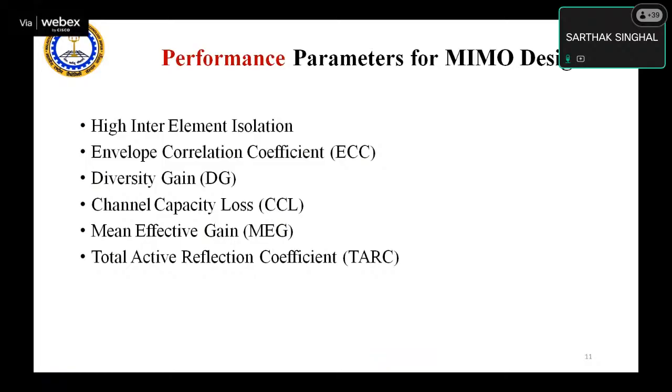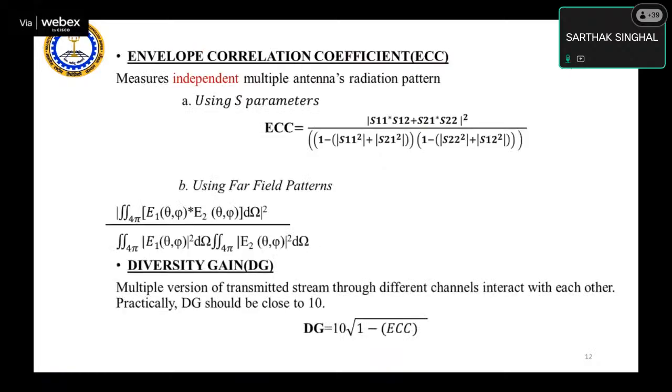It considers the electromagnetic coupling effects due to the nearby elements.